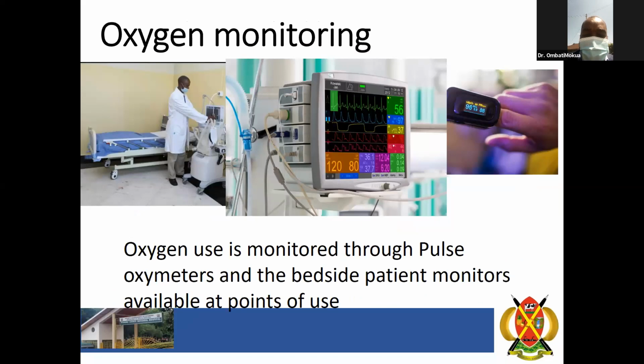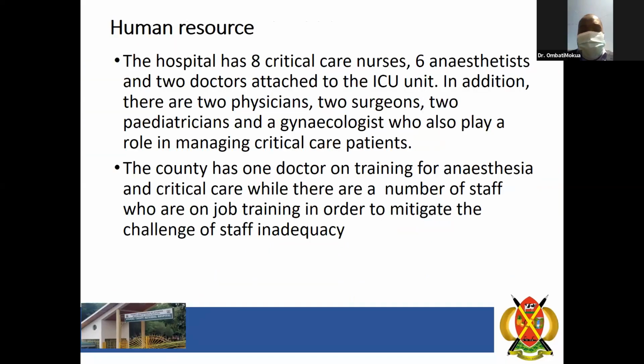We monitor our patients using pulse oximeters and bedside patient monitors available at the points of use. In our facility, we have 8 critical care nurses, 6 anesthetists, 2 doctors attached to the ICU, but we also have 2 physicians, 2 surgeons, 2 pediatricians, and a gynecologist who also play a big role in managing our patients.